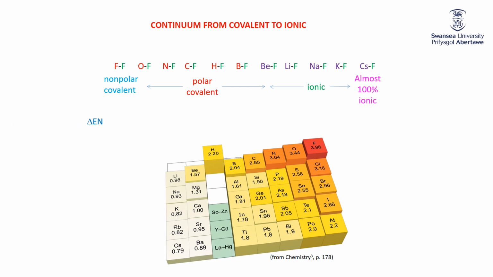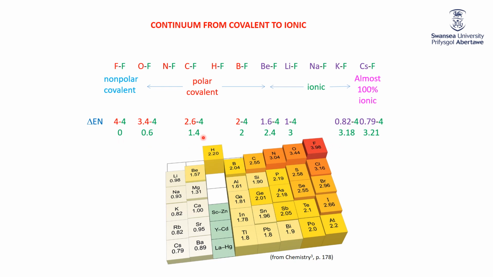Okay, a good indicator comes from looking at the difference. This delta here means the difference in electronegativity. Fluorine, of course, both fluorines 3.98, so the electronegativity difference is 0, and I'm rounding here. As we go along here, the electronegativity difference increases. We go 0.6 for the oxygen to the fluorine, 1.4 or so for the carbon to the fluorine, 2 from the boron to the fluorine, 3 from the lithium to the fluorine, and so on.